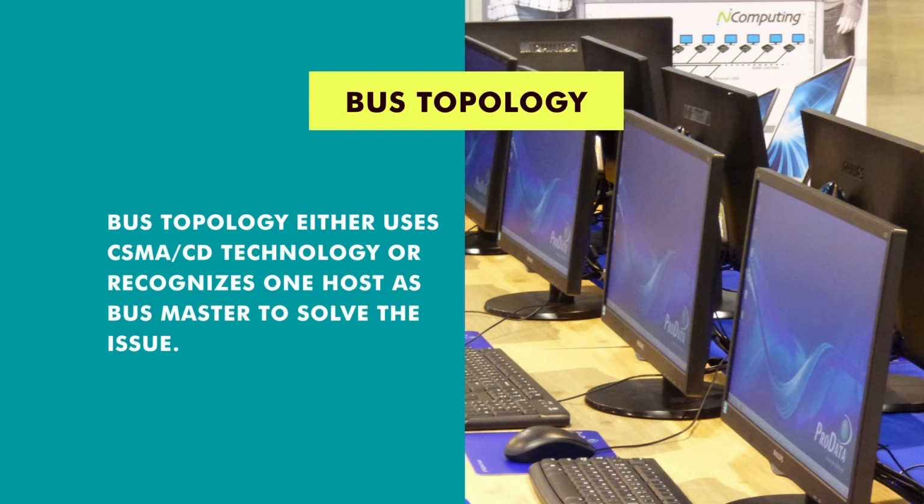Therefore, bus topology either uses CSMA/CD technology or recognizes one host as bus master to solve the issue. It is one of the simple forms of networking where a failure of a device does not affect the other devices. But failure of the shared communication line can make all other devices stop functioning.